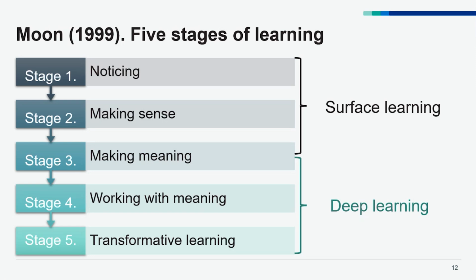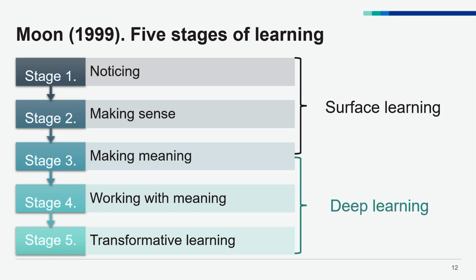So the 5 stages of learning, then you've got them separated out into surface learning and deep learning. At the top we've got stage 1, which is noticing. This is where you start to register a topic, event or incident as being important in some way or interesting.